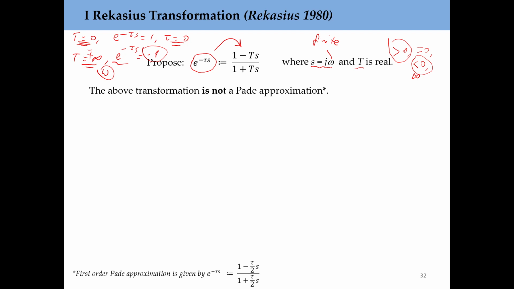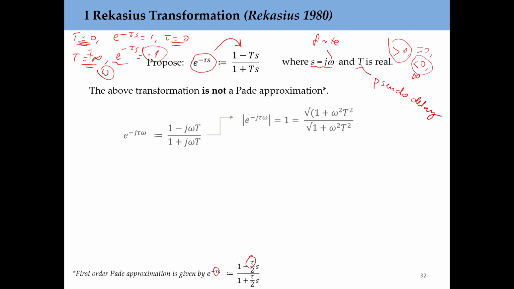It is not a Padé approximation, because a first order Padé approximation has tau on both sides, whereas here T and tau are different parameters. We are introducing a new variable T. Some literature calls T a pseudo delay. In a moment, we're going to show that it is not an approximation to start with. It is an exact transformation.